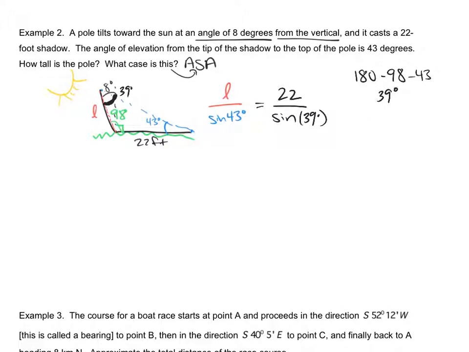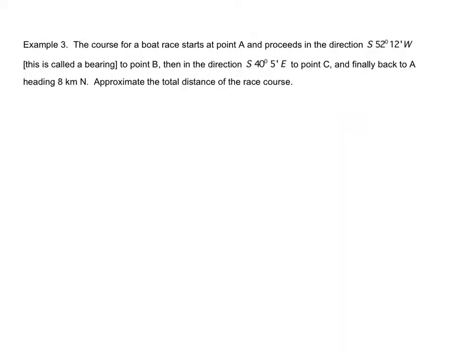And then when I solve this for L, L equals 22 feet times the sine of 43 degrees, because I multiply both sides by that, divided by the sine of 39 degrees, because that's still on the bottom of that fraction on the right. And when I plug that into a calculator, I get that the length of the pole equals 23.84 feet.